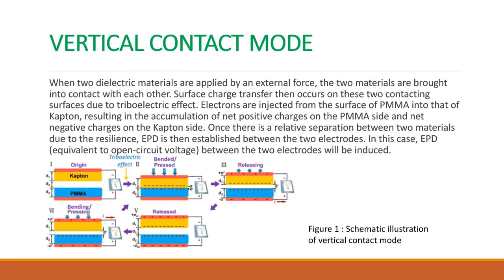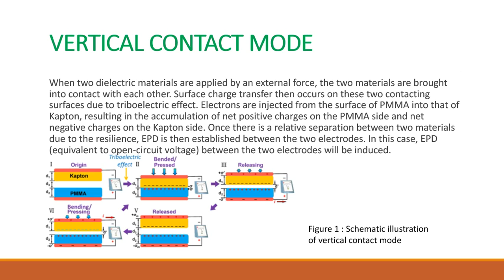For the vertical contact mode, when two dielectric materials are acted on by an external force, the two materials are brought into contact with each other. The surface charge transfer then occurs on these two contacting surfaces due to the triboelectric effect.